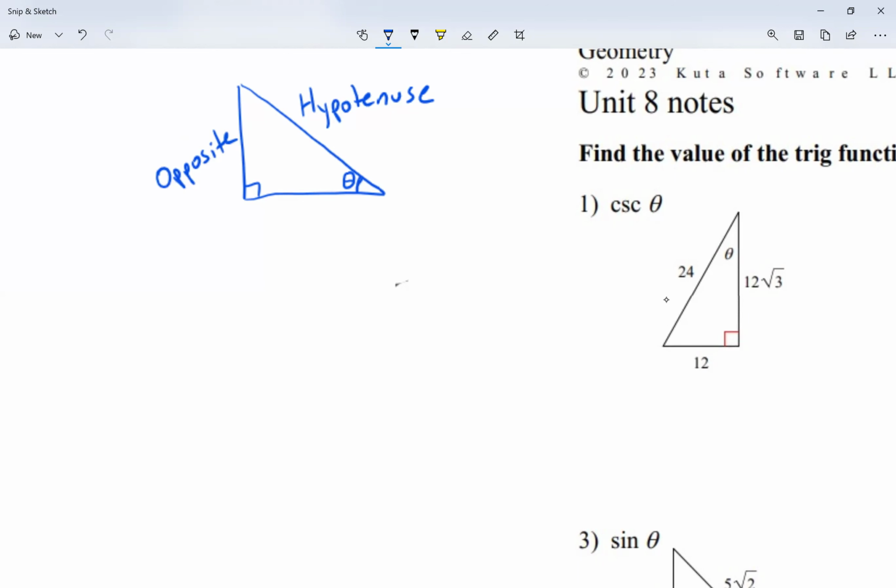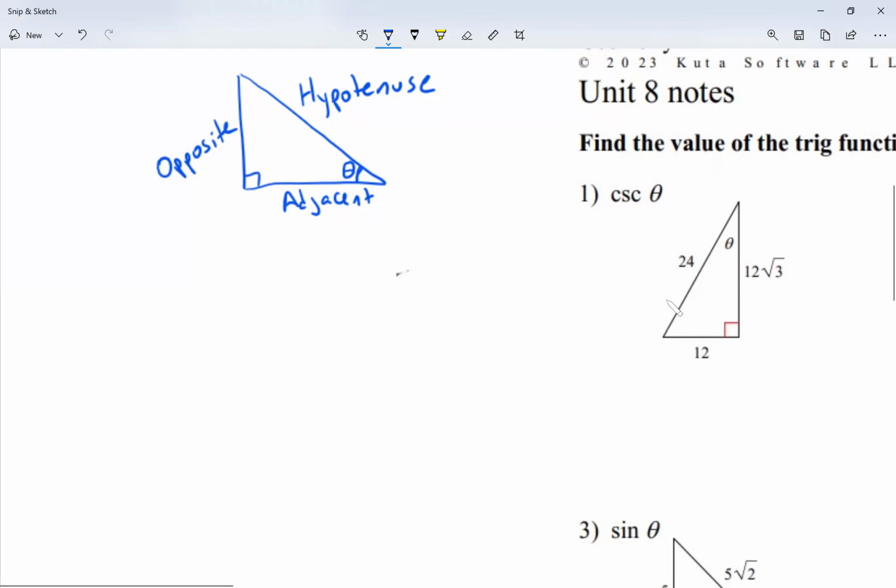And then this other side, I'm going to call adjacent. Adjacent means close to, next to, right? In a classroom, sometimes people say, talk to the student that is adjacent to you, the person that is close to you, the person that is next to you. So again, opposite means far away. Adjacent means close to.